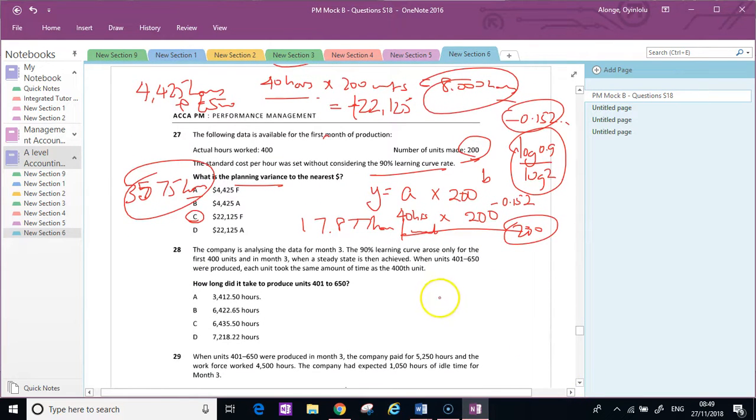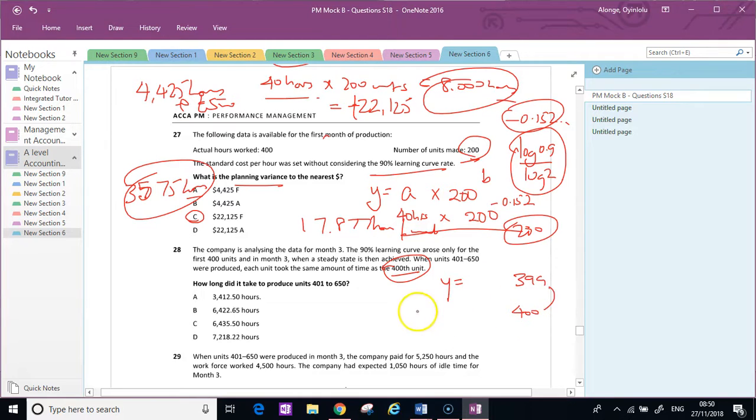Great. And then from here, I think this is again an application of things we've been talking about for a while. Here they're telling us that after 401, it takes the same time as it took to make the 400th unit. So you're looking for how long it took to make the 400th unit. If I can find the total time it takes to make 399 units, and the total time it takes to make 400, I can subtract the two to know how long it took to go from 399 to 400.